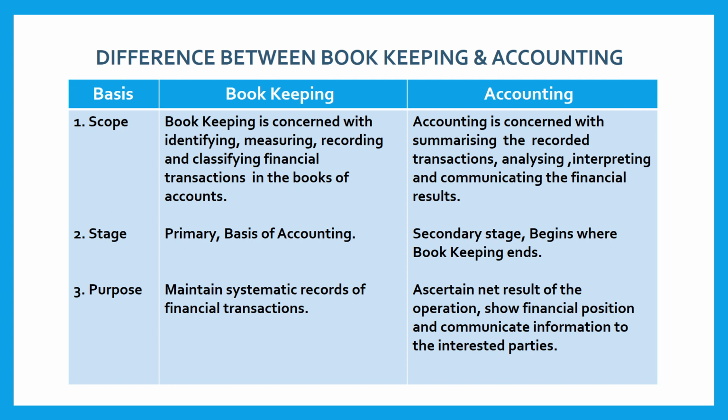What is the purpose of bookkeeping? The purpose of bookkeeping is to maintain systematic records of the financial transactions, whereas the purpose of accounting is to ascertain net results of the operations and the business activities, as well as show the financial position and to communicate the financial information to the interested parties.